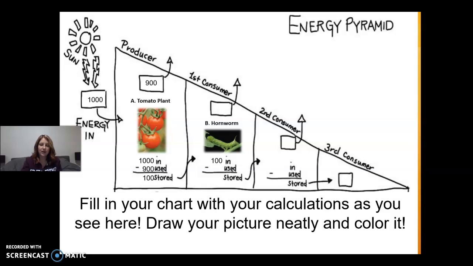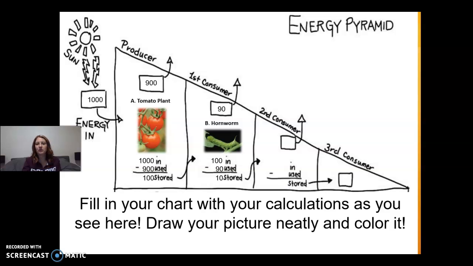So here we have 100 taken in, 90% of that used for itself, leaving you with 10 units of stored energy. Why? Because we started with 1,000. 10% of 1,000 is 100. 10% of 100 is 10. If you look at the trick, you're taking off one 0 every single time you go up in trophic level.